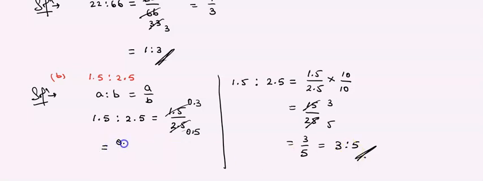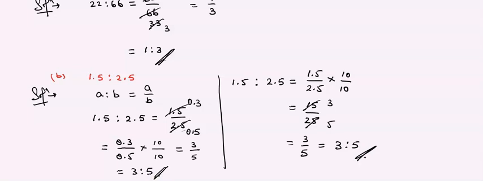So as you get here 0.3 by 0.5, we have to keep this in its simplest form. After the point there is 1 digit, so 10. So 0.3 into 10 will become 3. 0.5 into 10, it becomes 5. Then the final answer here also is 3 is to 5.